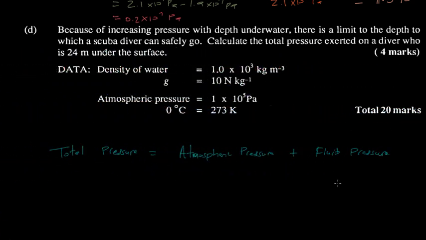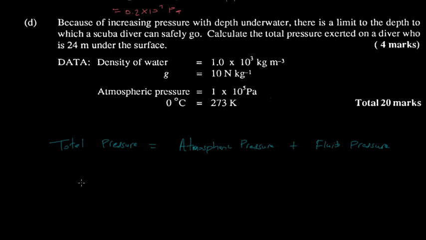The first thing we're going to do is find the fluid pressure. Fluid pressure P is equal to rho g h, where rho is the density of the fluid, given as 1 times 10 to the 3 kilograms per cubic meter, g is the gravitational field strength, which is 10 newtons per kilogram, and h is the depth, which is given as 24 meters.